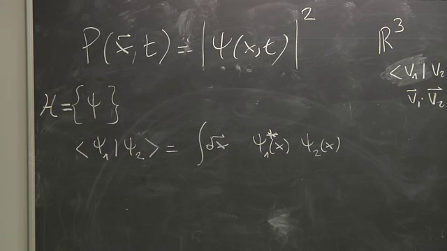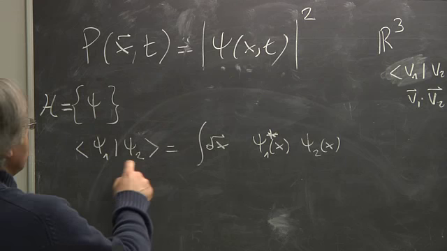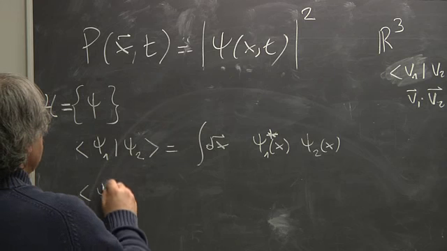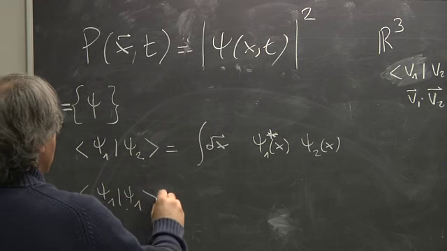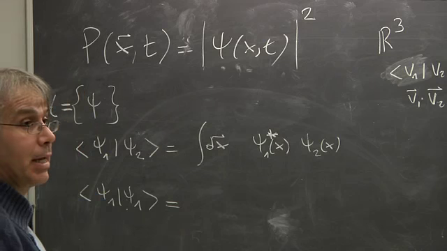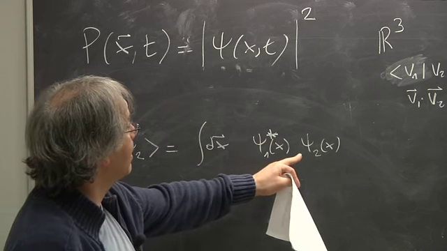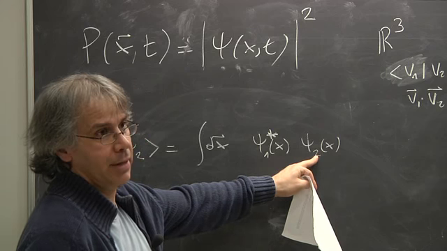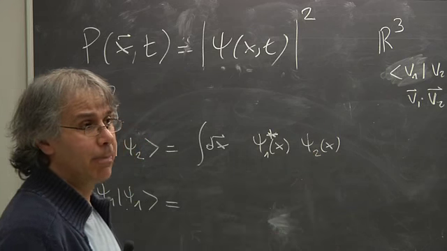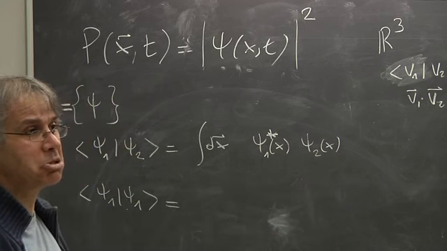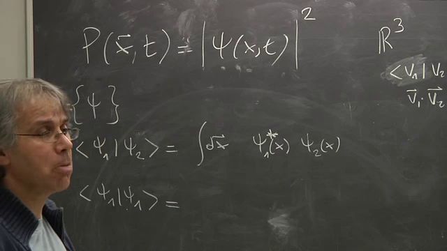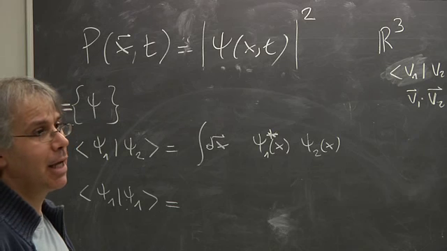The reason is simple. If I take the scalar product of something with itself, and I don't take the star there, I have psi1 squared. But psi1 might be a complex function, and so this object might be complex, and that's not nice.